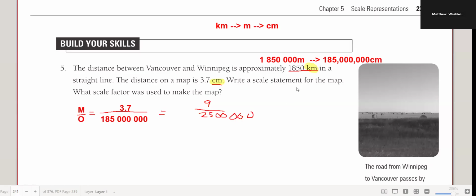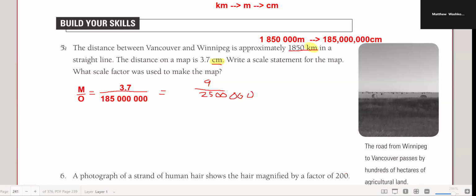Now, again, I really want us to think about this here. I can take my original, I can times it by the scale factor to get the model size, right?